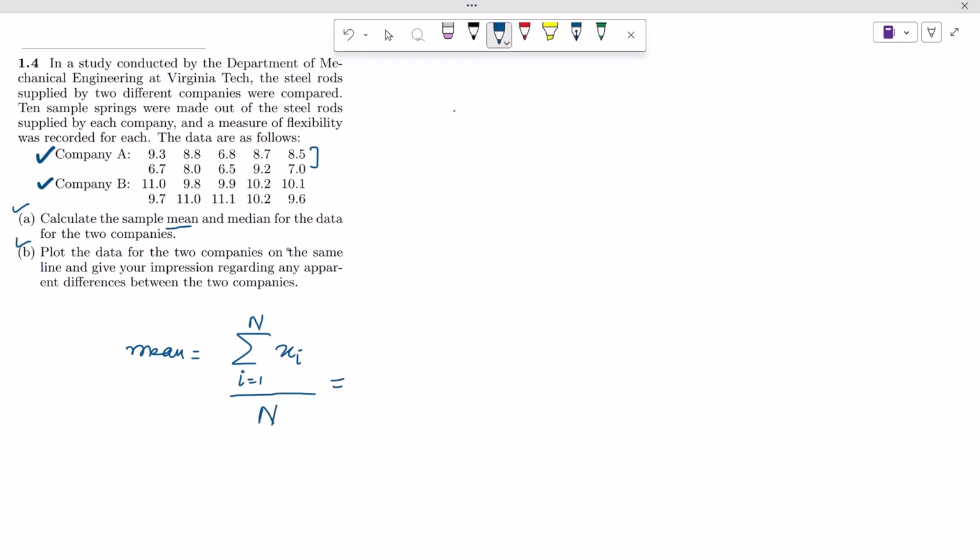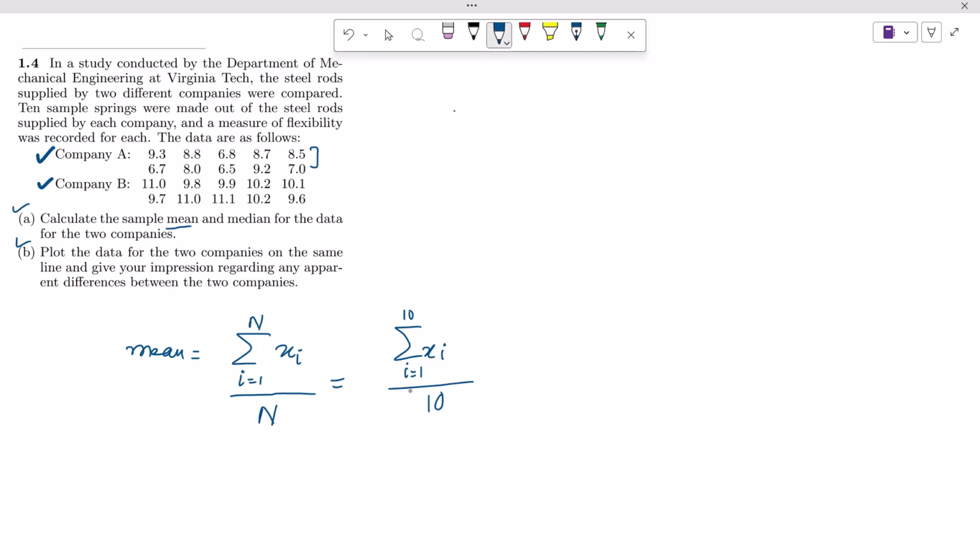Here n is basically 10 for the mean of company A and B as well. So for both of these companies, xi will be from 1 to 10 and dividing it over 10 as well.